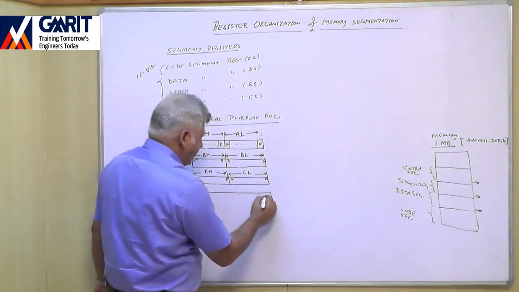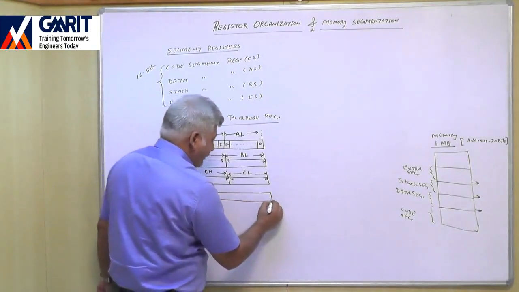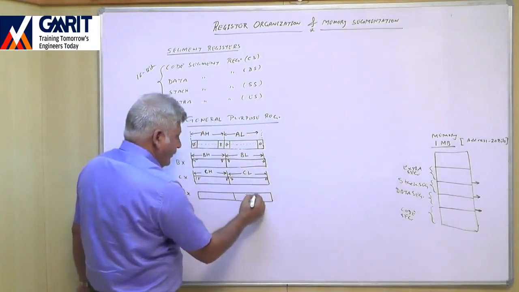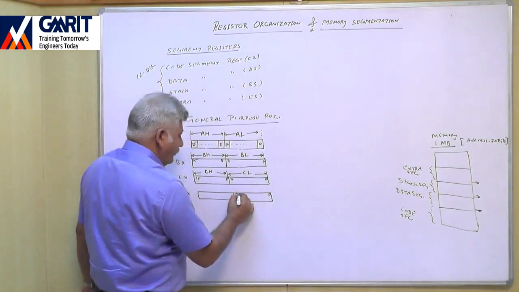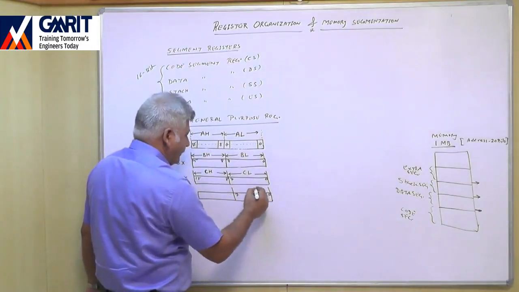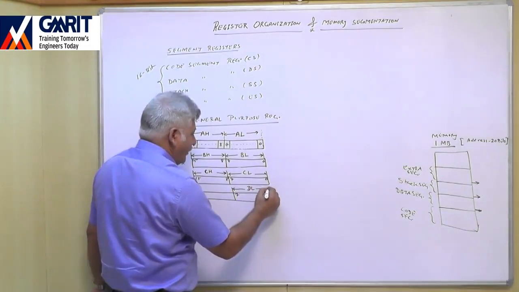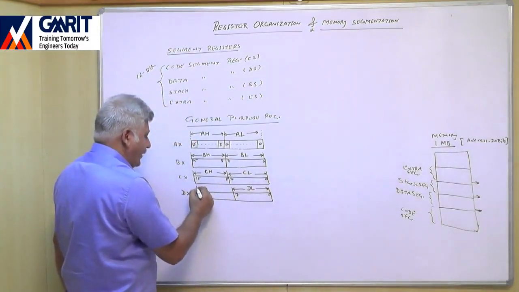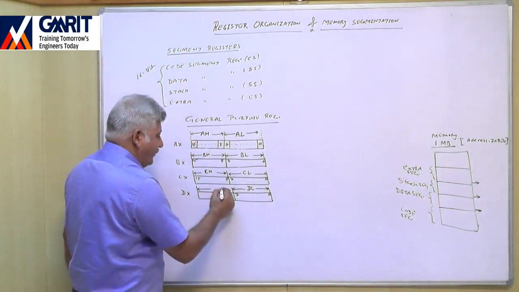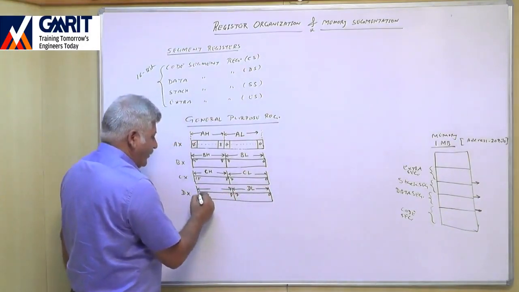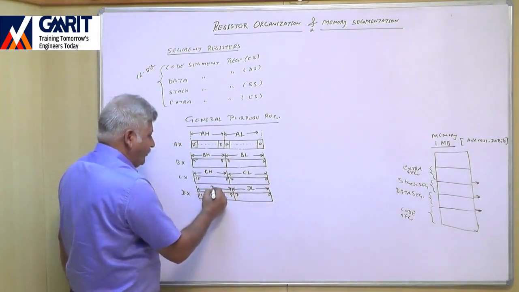Same way for register D. Bit number 0 to 7, we can access these bits by the name DL, the lower 8 bits of the DX register. And bit number 8 to bit number 15 we can access by the name DH.